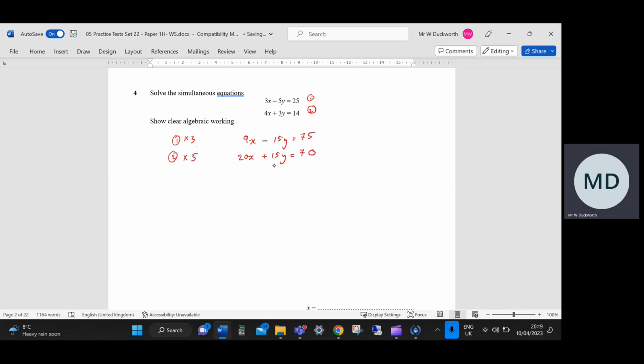And now that I've got my y coefficients the same values, but one negative and one positive, I'm going to add them together. So my next line of working is going to be equation 3 plus equation 4. And that will give me 29x is equal to 145.